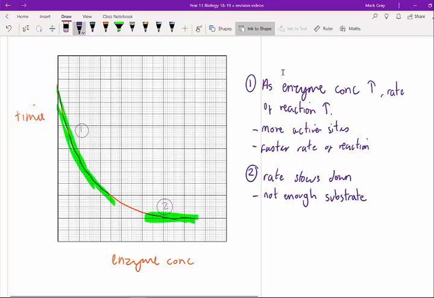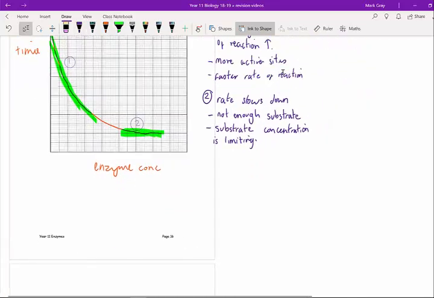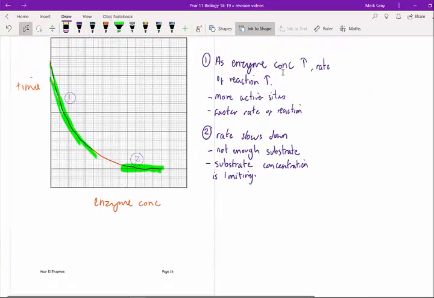So, if there's not enough substrate, the rate of reaction slows down, and we would actually say here that the substrate concentration is limiting.